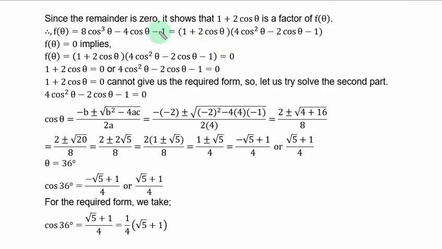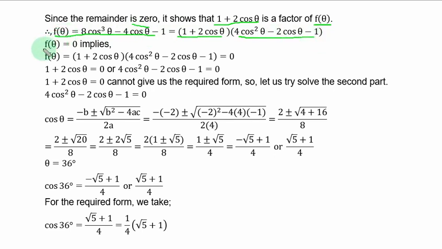Since the remainder is 0, it shows that 1 plus 2 cos theta is a factor of f of theta. So therefore, the given polynomial is equal to the product of the divisor and the quotient.